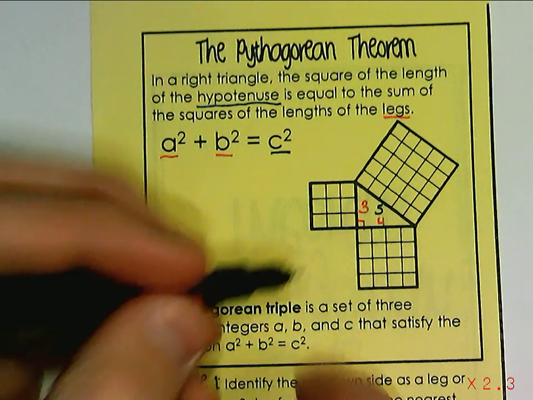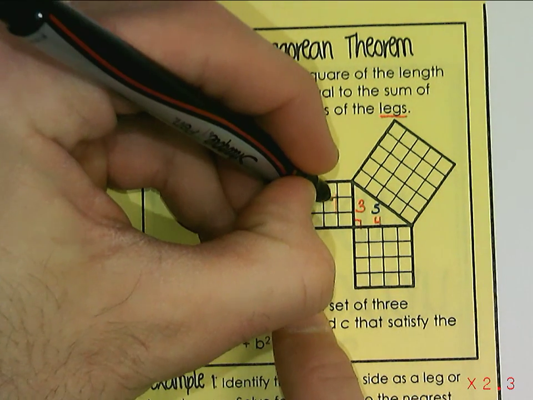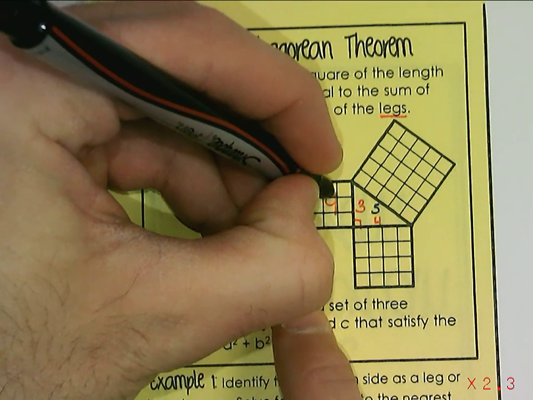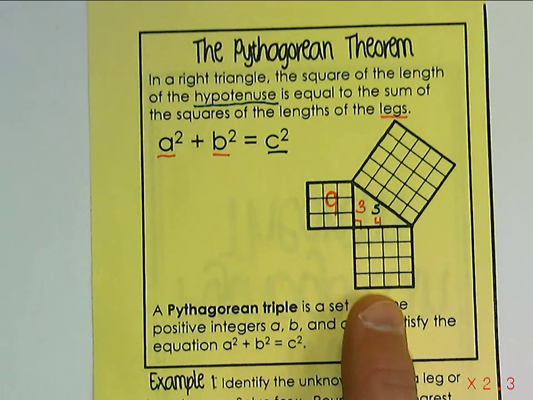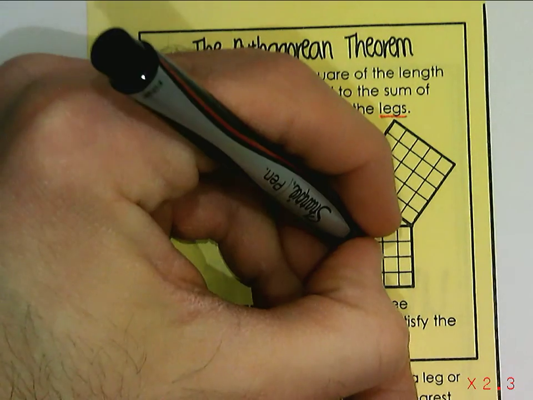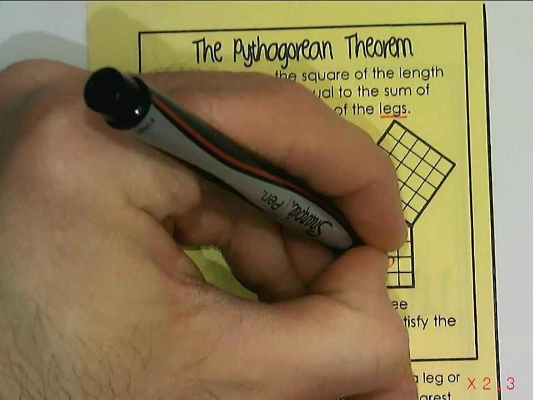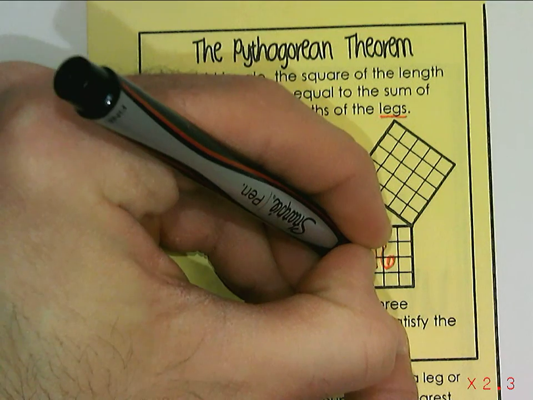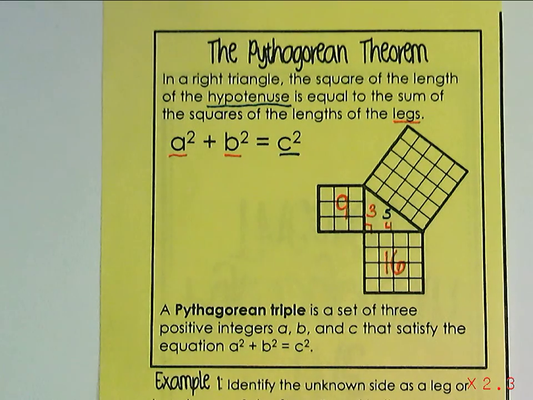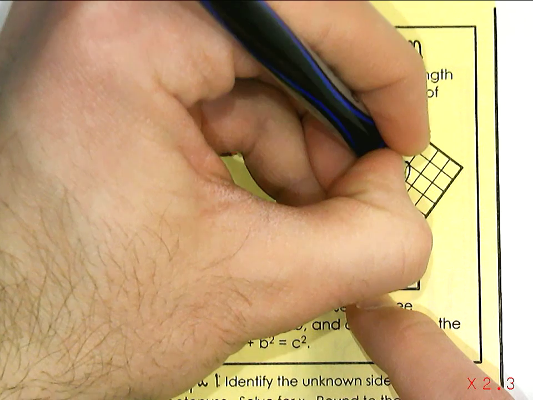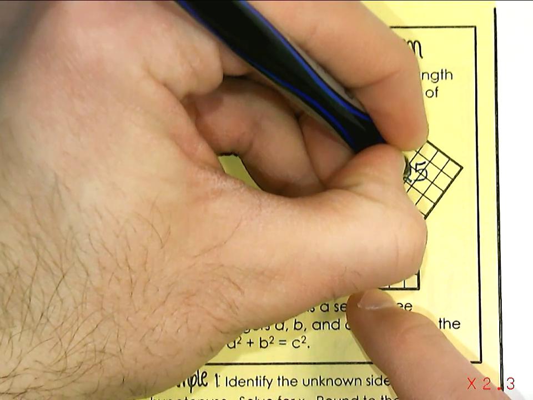In this leg, we have 9 squares. In this leg, we have 16 squares. 4 times 4 is 16. And in the big one, we have 25 squares.